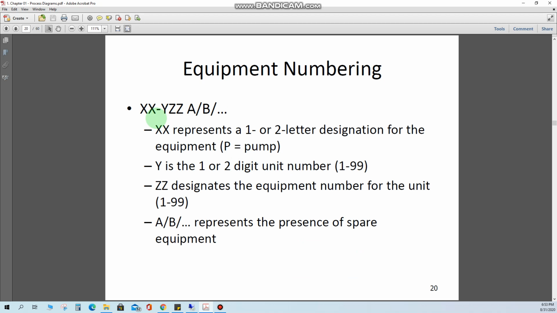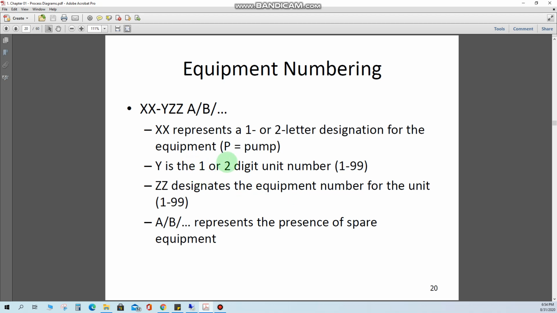Okay, now let us see this one again, XXYZZAB. So XX represents a one or two letter designation for an equipment. So if you're using the pump, XX can be written as P. Y represents the unit number, or sometimes we designate this as the position of that unit in a specific area of the plant.